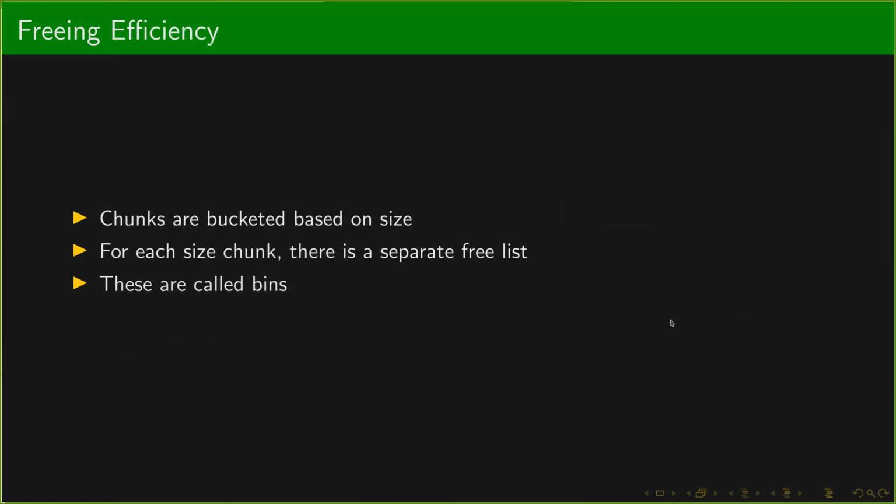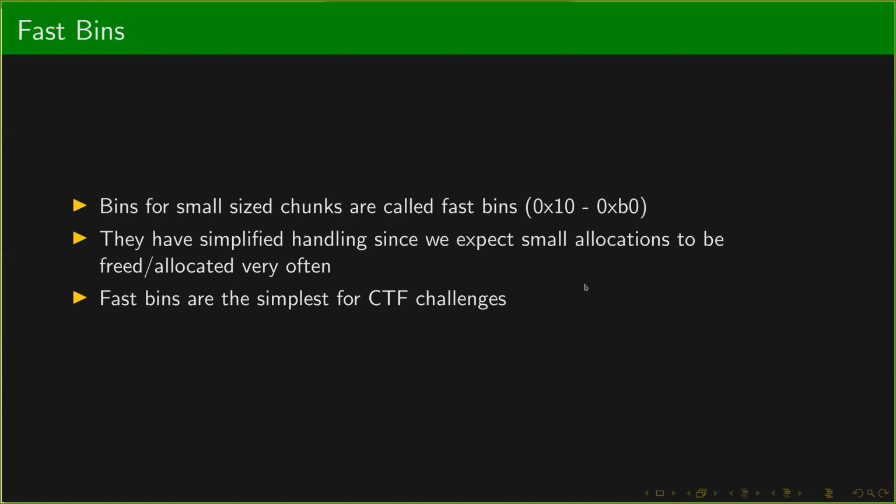So the main idea that we use is we bucket the chunks by their size. For every size chunk, there is a separate free list, and these free lists are called bins. So every size chunk goes in a different bin.